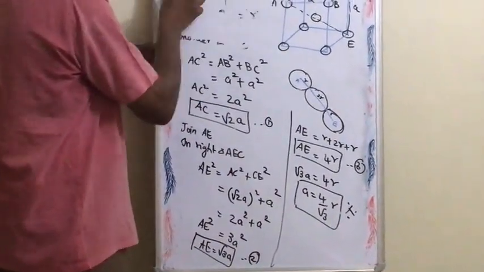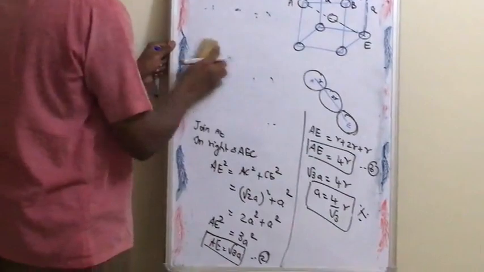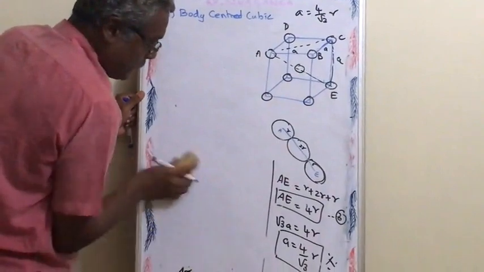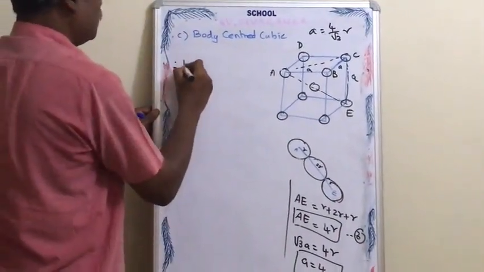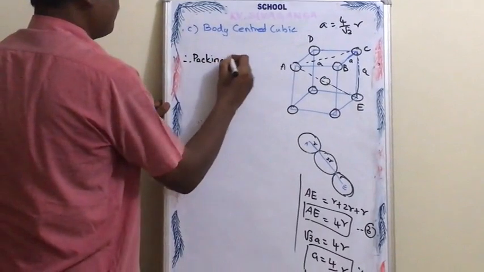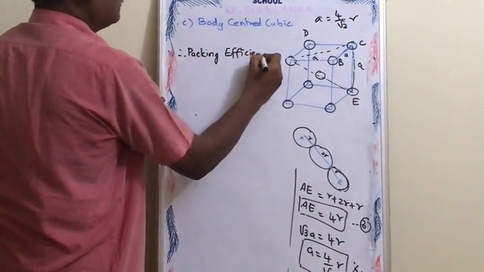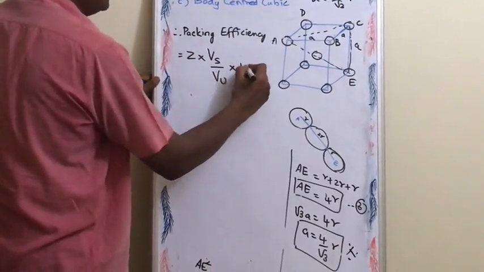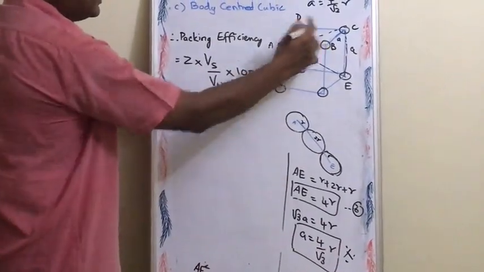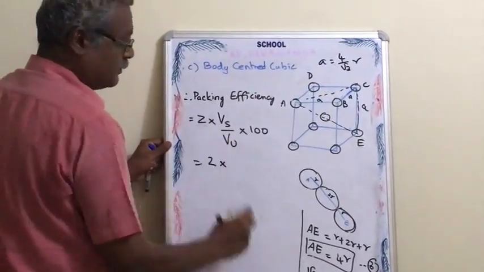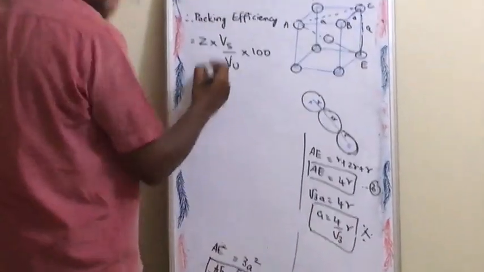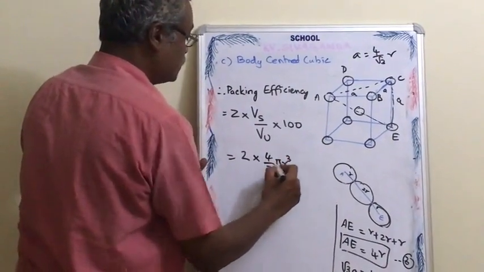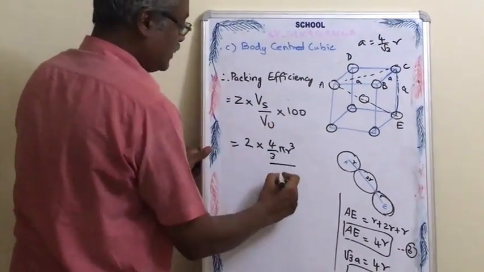Next, after calculating a in terms of r, we have to find out the packing efficiency. Packing efficiency equal to, you know the formula, Z into volume of the sphere divided by volume of the unit cell into 100. For body centered cubic Z is 2, and the volume of the sphere is 4 by 3 pi r cube, divided by the volume of the unit cell, which is a cube.